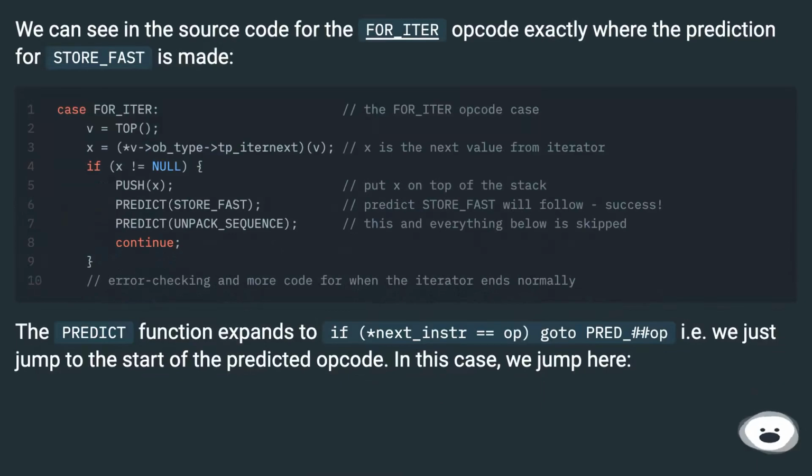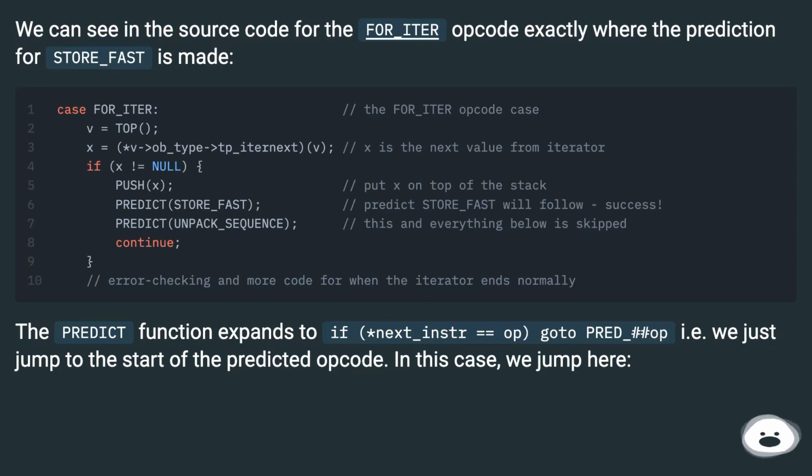We can see in the source code for the FOR_ITER opcode exactly where the prediction for STORE_FAST is made. The PREDICT function expands to: if next_instr equals op, goto PRED_##op, i.e. we just jump to the start of the predicted opcode.